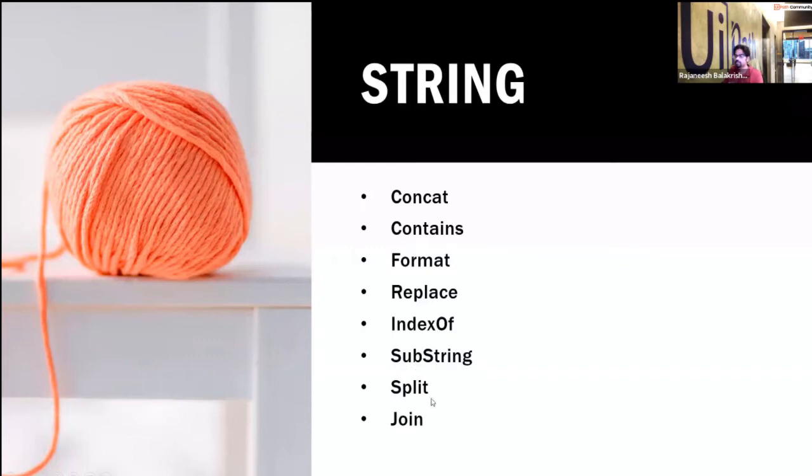That is substring. Split means you can split text based on some characters. For example, consider 'sub string' with a space: you give a space, and it splits into 'sub' and 'string'. And join is as usual: you are joining two things, two strings.